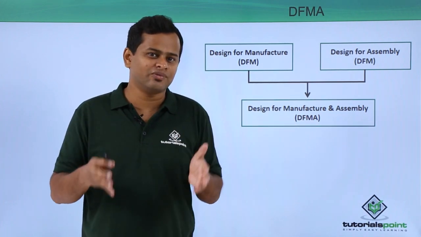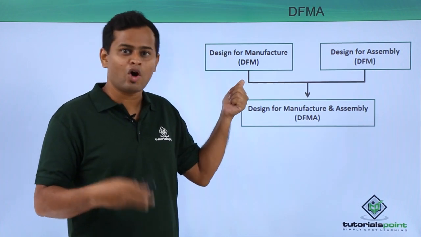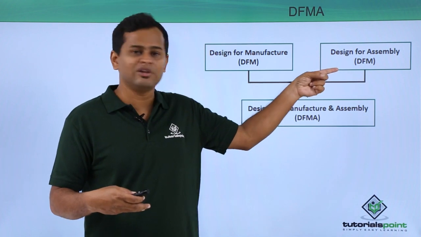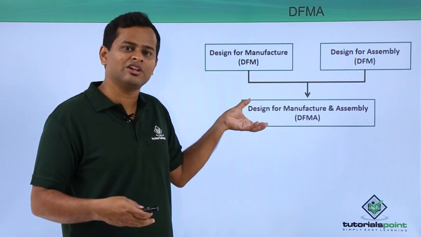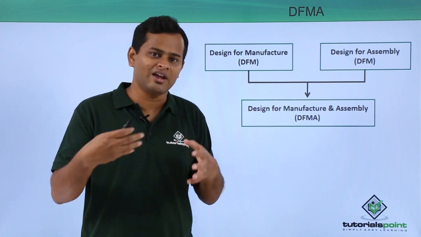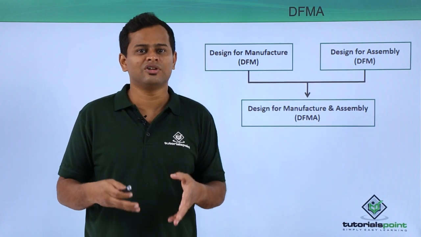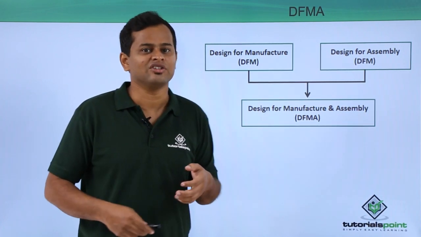The operator has to feel it is very easy to manufacture these components, and also find it very easy when doing an assembly of these operations. When we put both together, it becomes design for manufacturing and assembly. It's a concept of DFMA which we have to consider when we are doing the process design, which is derived after the product design step.